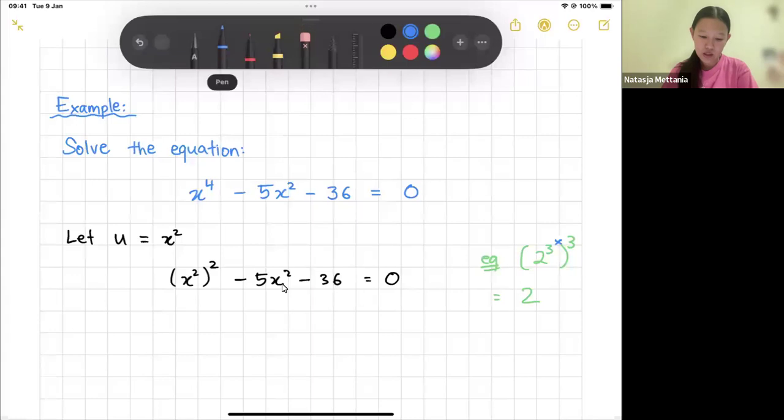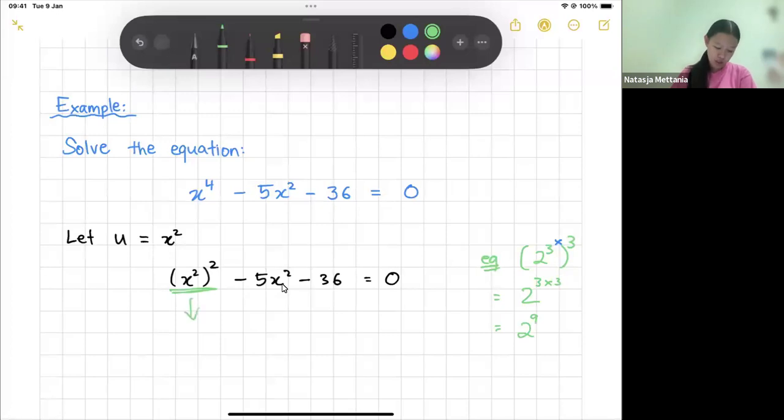So in this case, 2 as the base, 2 to the power of 3 times 3, and my final answer is 2 as the base with the power 9. That's basically what I'm using here.